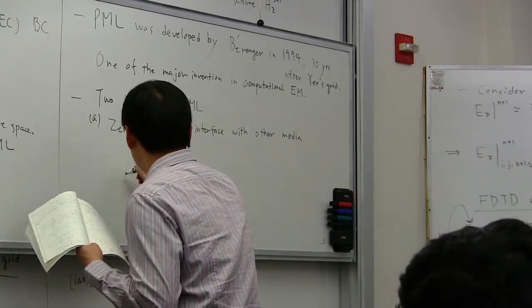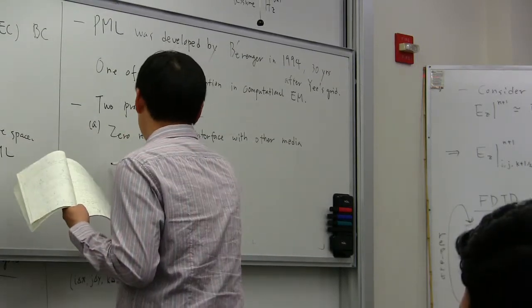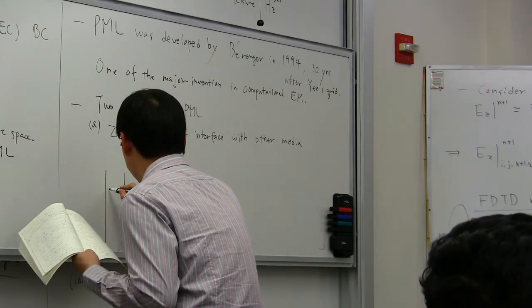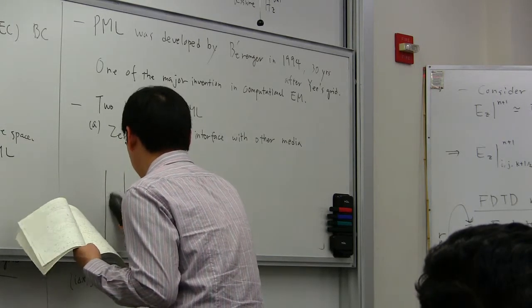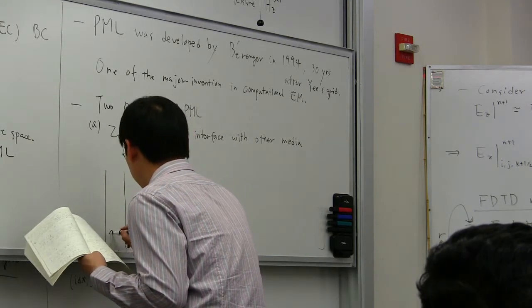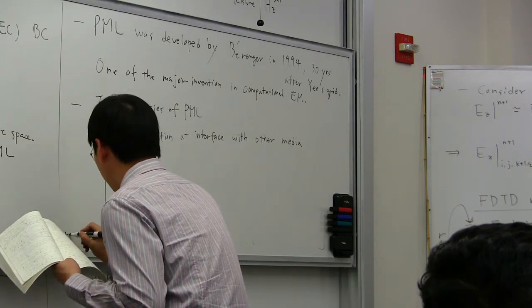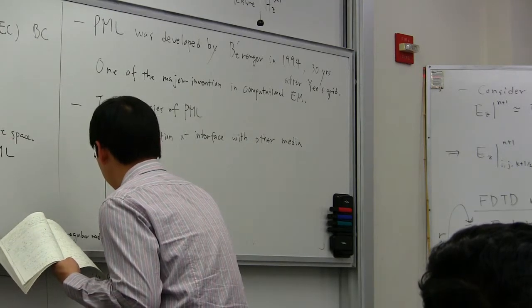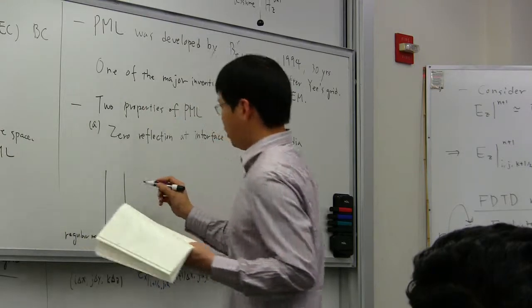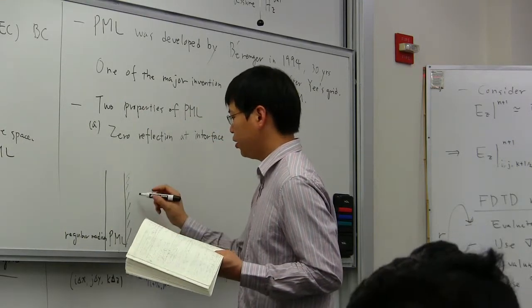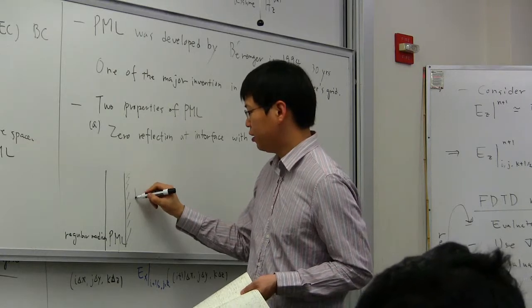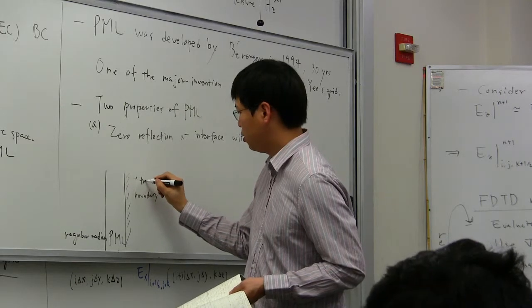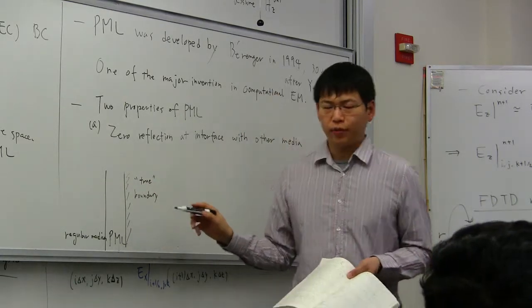So let's say we have a PML and a regular media, and this is the actual boundary.